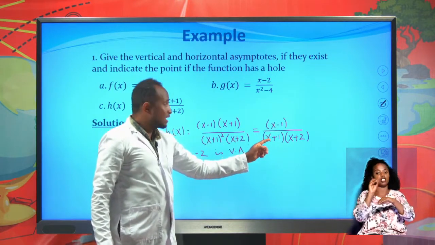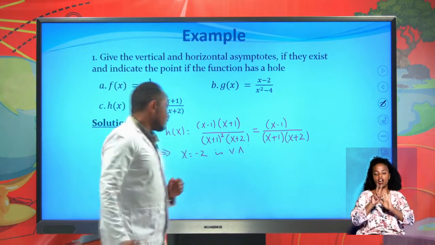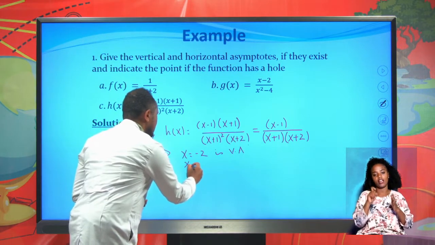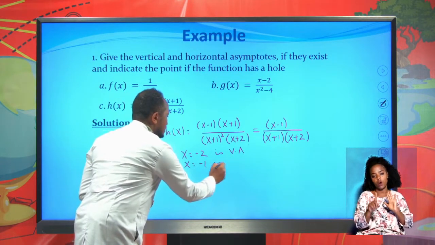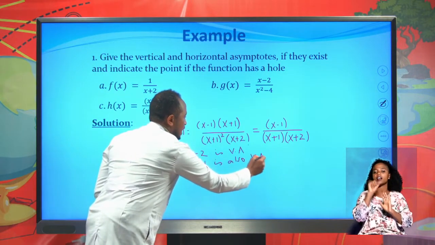Therefore, the function has a vertical asymptote at minus 1, not a hole. So not only x equals minus 2, x equals negative 1 is also a vertical asymptote.